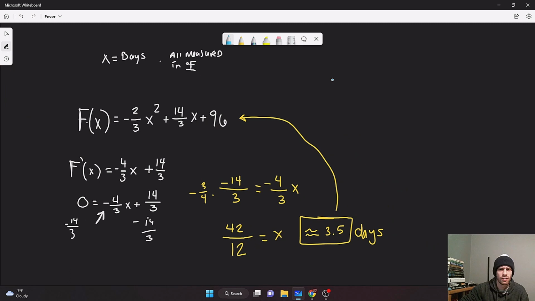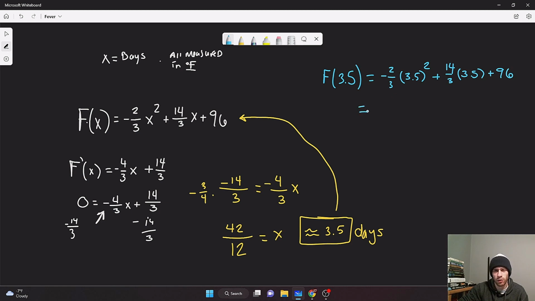We get F of 3.5 is equal to negative 2 over 3 times 3.5 squared plus 14 over 3 times 3.5 plus 96.